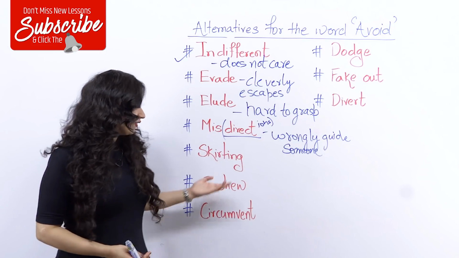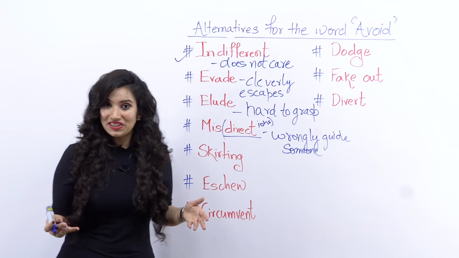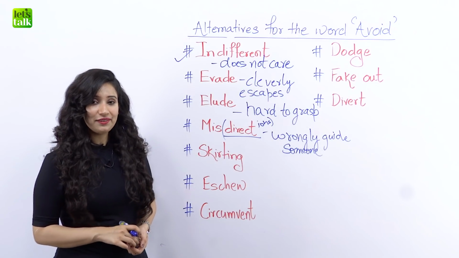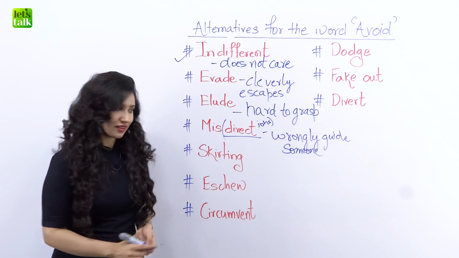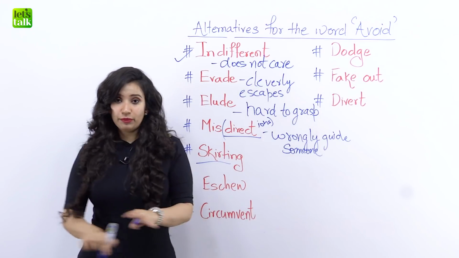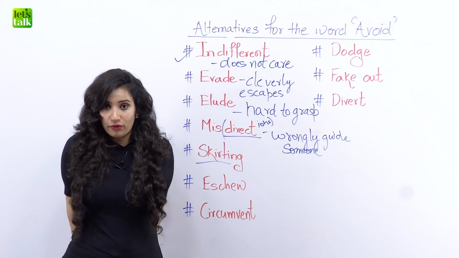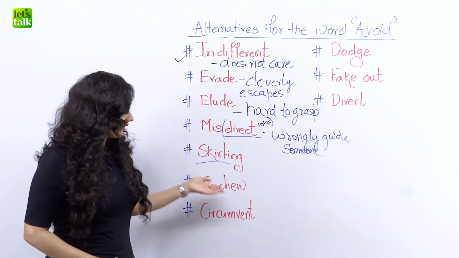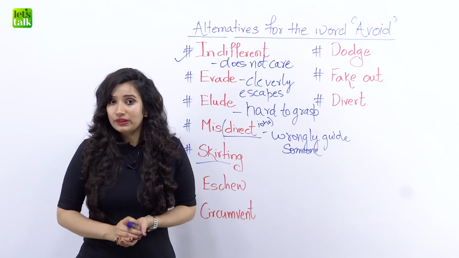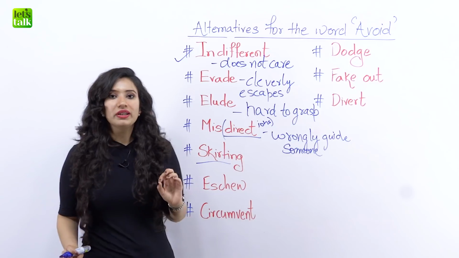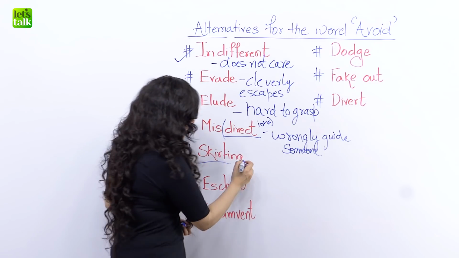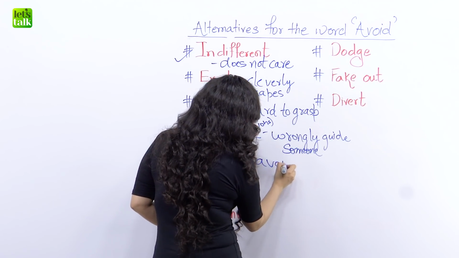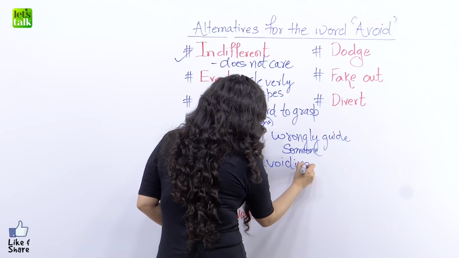All right, now let's look at the next one, skirting. So does this have to do something with skirt? Well, skirt is a type of cloth that's worn on the bottom by females, but this one has not anything to do with that. Skirting purely means avoiding. And you will often hear this word in the news.